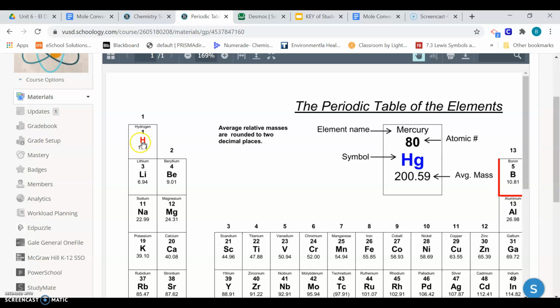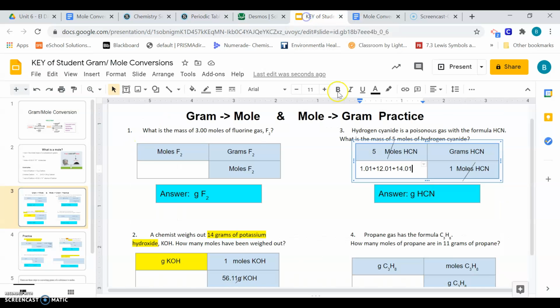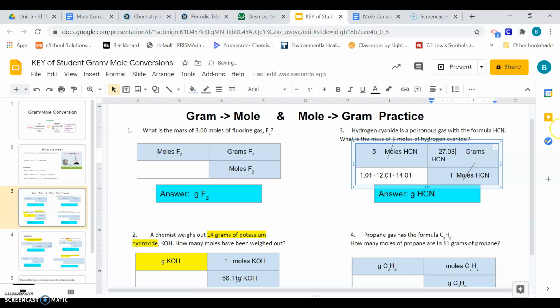We are using the atomic masses from the periodic table to help us find those out. So our total mass for HCN is going to be 27.03 grams.